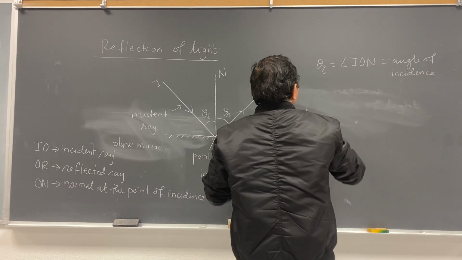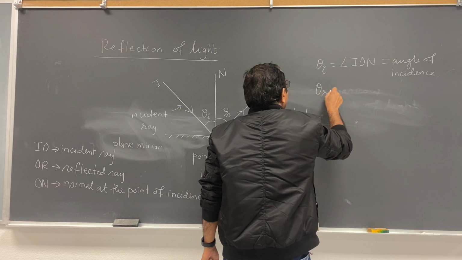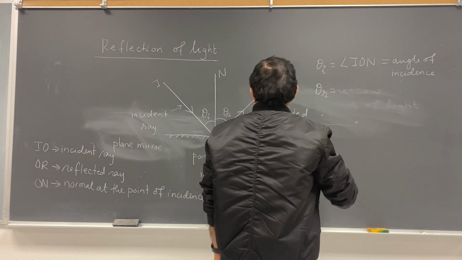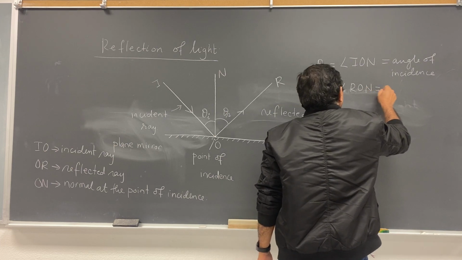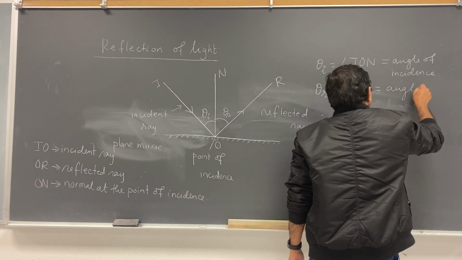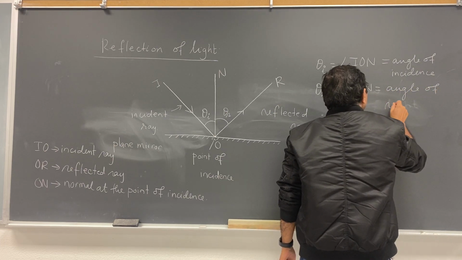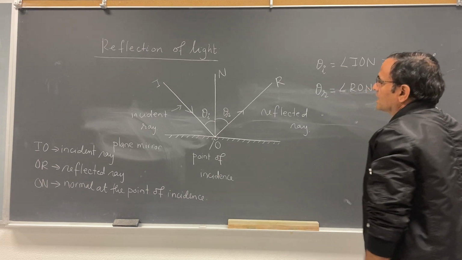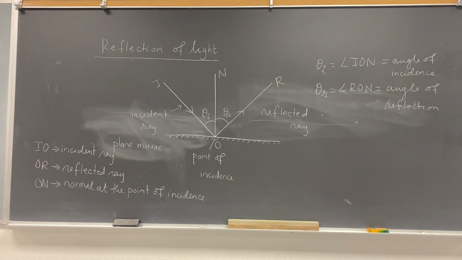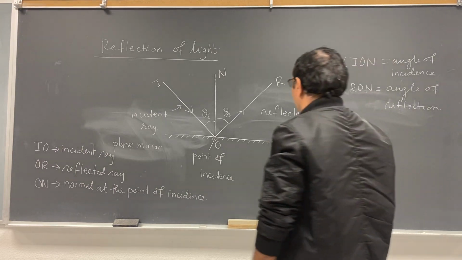And theta R, this is angle RON, this is called the angle of reflection. Okay, theta I, angle of incidence, and theta R, angle of reflection.